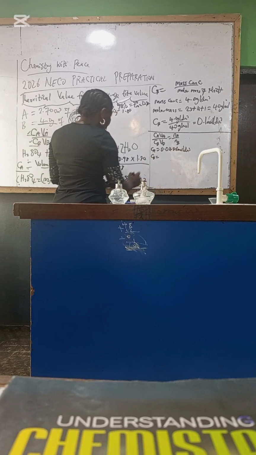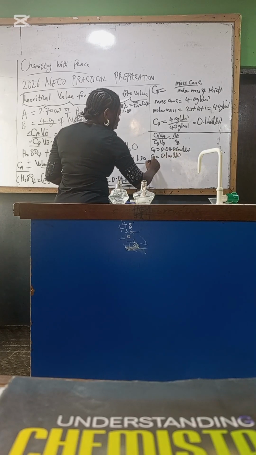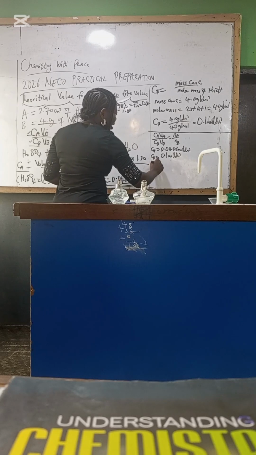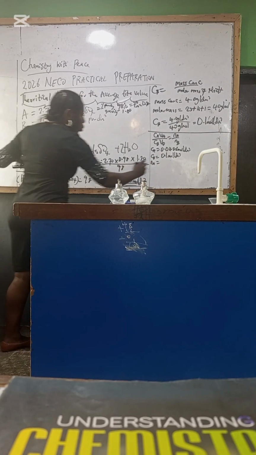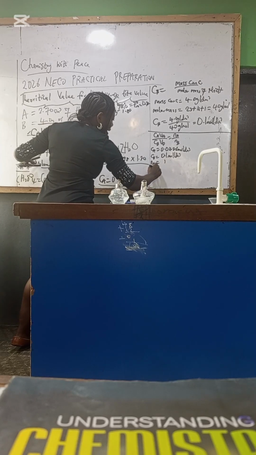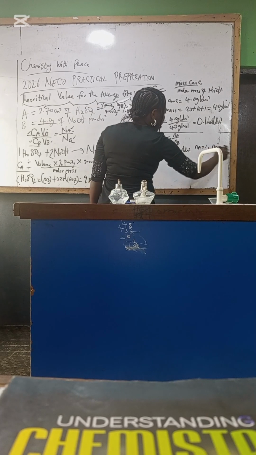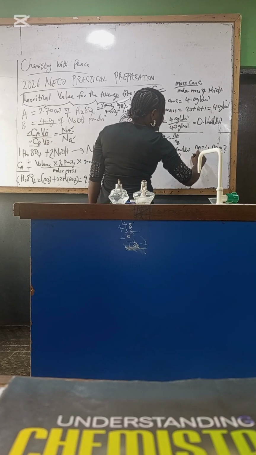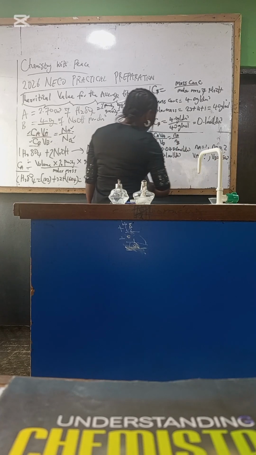Our CB is equal to 0.1 mole per dm cube. Our NA is equal to 1. Our NB is equal to 2. Our VA is unknown. Our VB is equal to 25 centimeter cube.